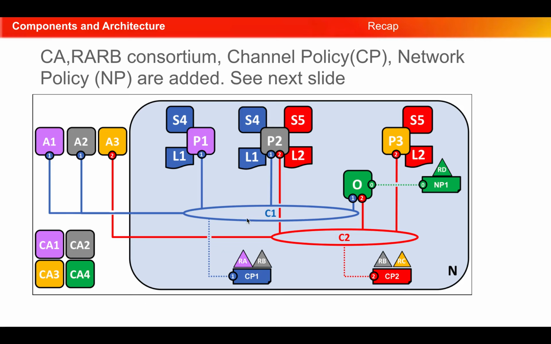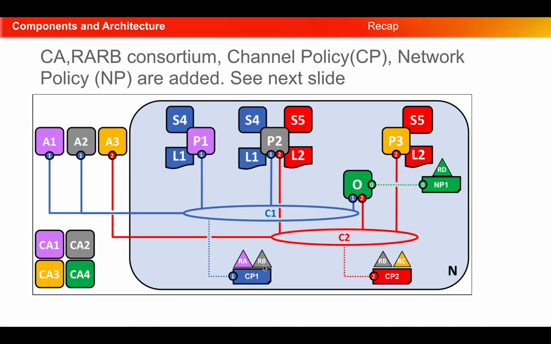Now you can see there are two channels, C1 and C2. For channel C1, P1 and P2 are connected to it. So who decides which peers connect to a channel? That is where the consortium comes into the picture.